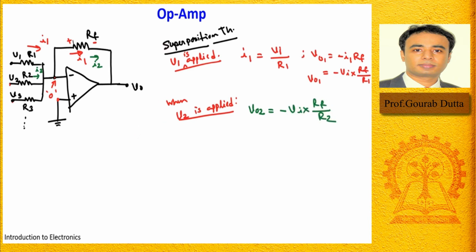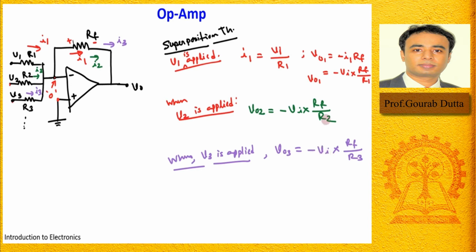Fine. Then in the other case, when V3 is applied, you can also estimate I3, and that same I3 will flow through RF. So when V3 is applied, you can estimate VO3 in a similar way, and it will come out to be RF by R3, right?